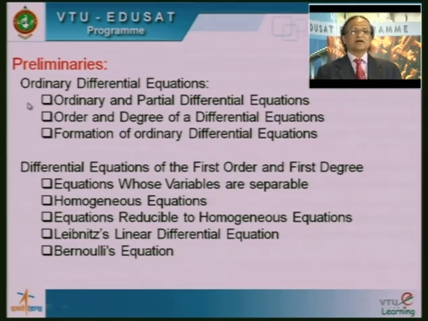For example, you must be able to identify ordinary and partial differential equations. An ordinary differential equation means any equation containing ordinary derivatives. Ordinary derivatives means, for example, the given equation may contain dy by dx or capital D into y. Is it clear? Such equations we call ordinary differential equations.